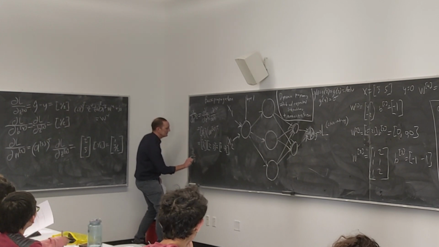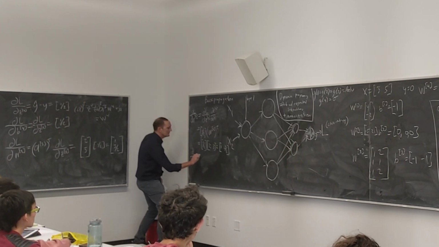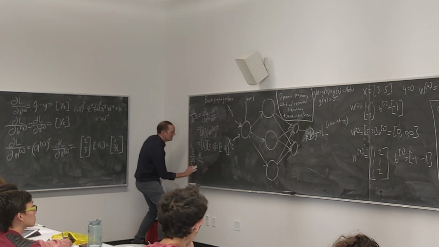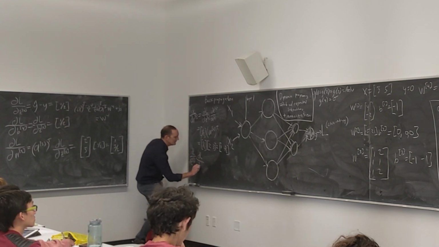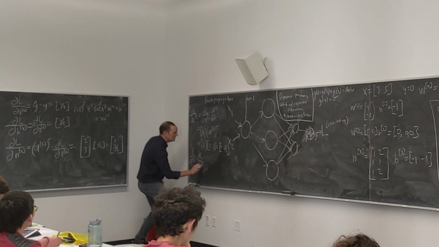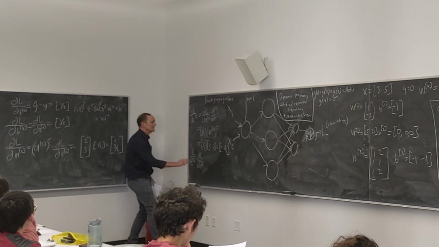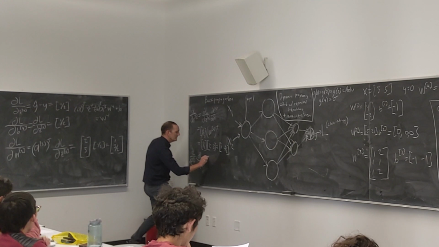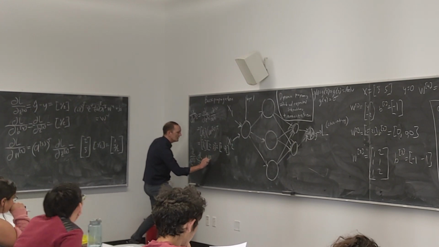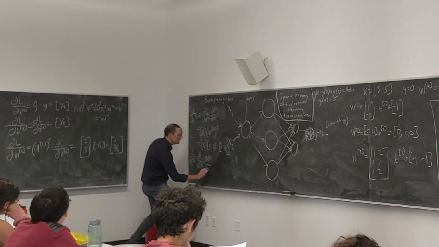Z3 equals the derivative with respect to A3 times the derivative of A3 with respect to Z3.